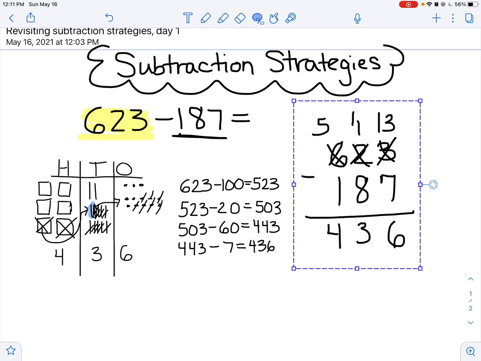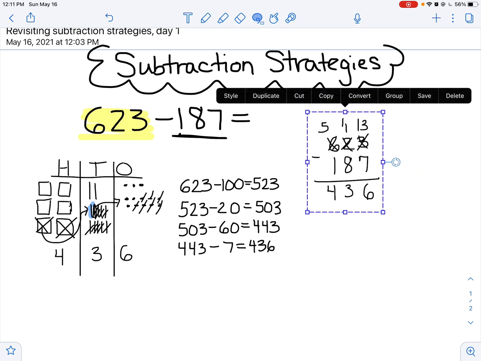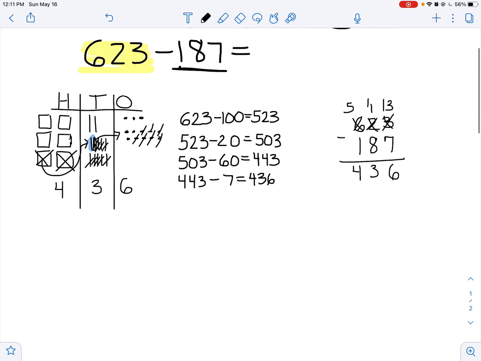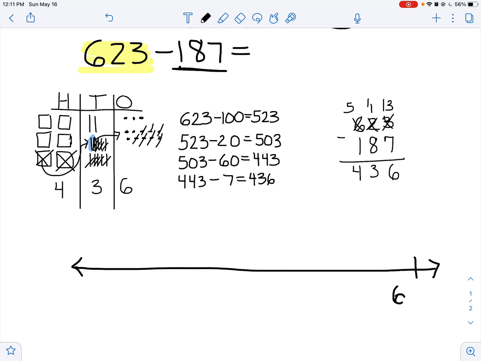And I forgot earlier this week to talk about with the addition that we also can solve with number lines, right? So if you're comfortable with a number line, maybe that's the model that you'd like to show. So you could always set up a number line, and you can solve in a couple of different ways. You can do 623, start over here, and you can count back.